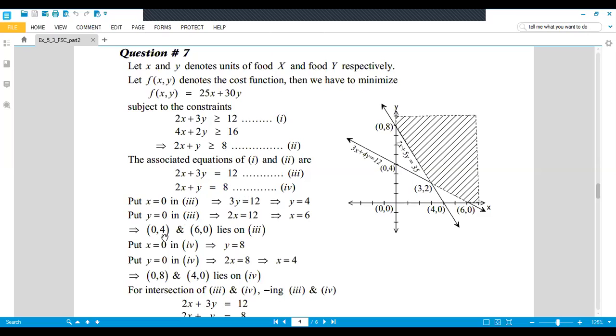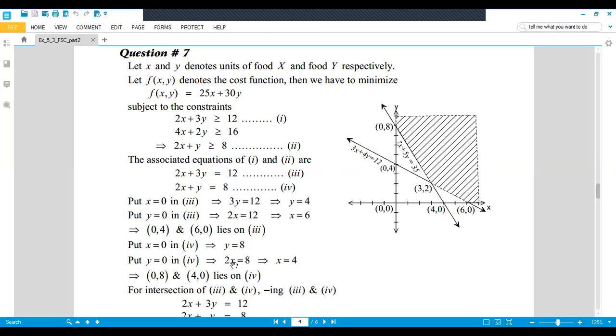So we get the points (0, 4) and (6, 0). With the help of these 2 points, we draw the graph of equation number 3. Y-axis 4, this point; x-axis 6, this point. So you draw this line, and this line represents equation 3.